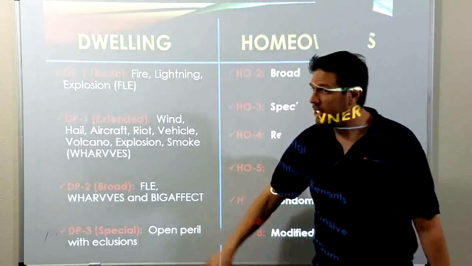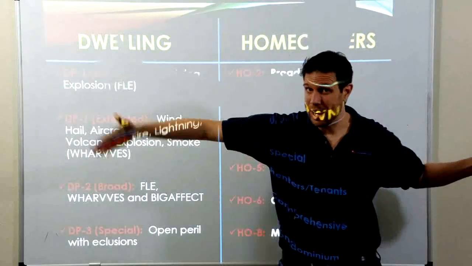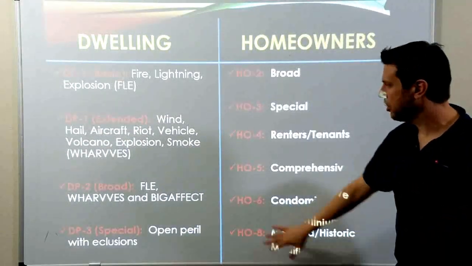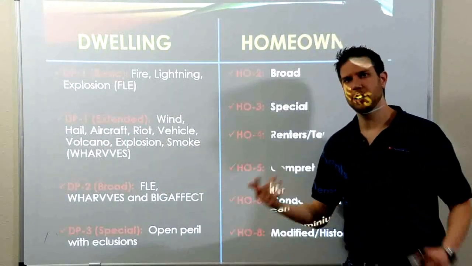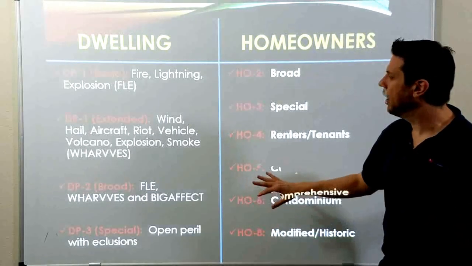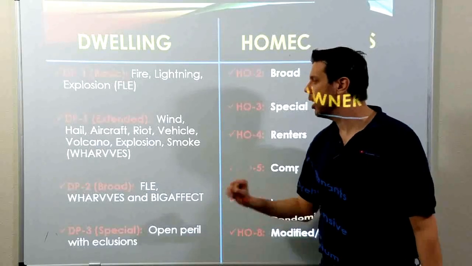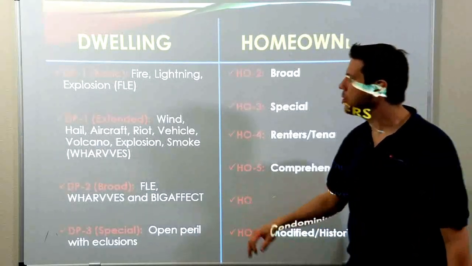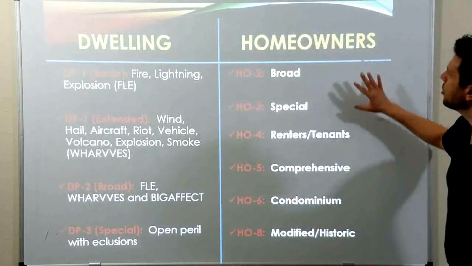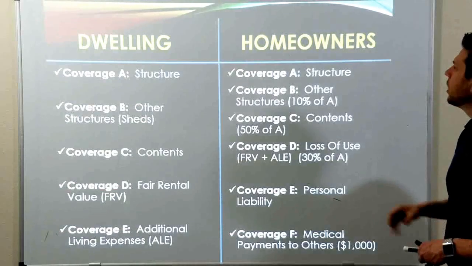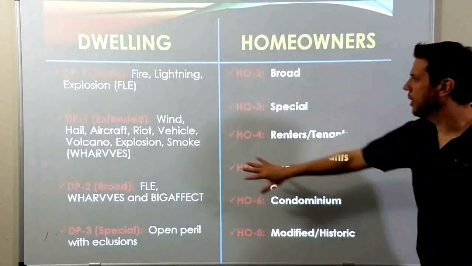A DP3 is special. Special covers everything except what's excluded, like flood, earthquakes, which were 3 days, intentional loss, inherent vice, wear and tear, underground pipes, pollution damage. The HO2 broad covered my structure against the broad perils.